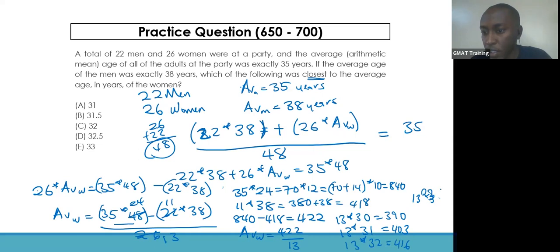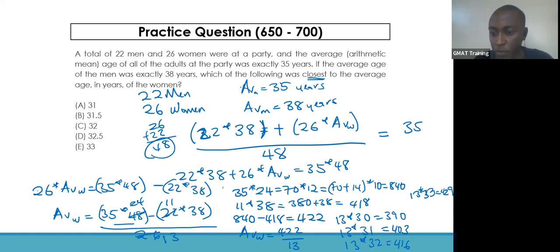Let me write this clearly. We have 13 times 33. This one should add 13, this is 429, which is greater than 422.